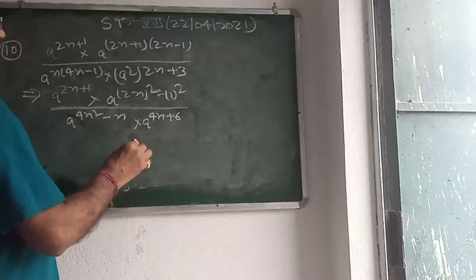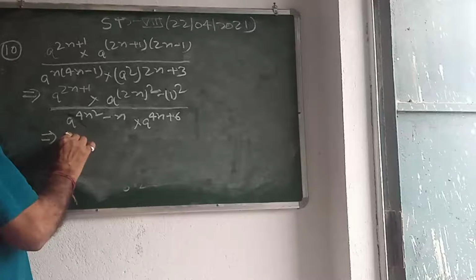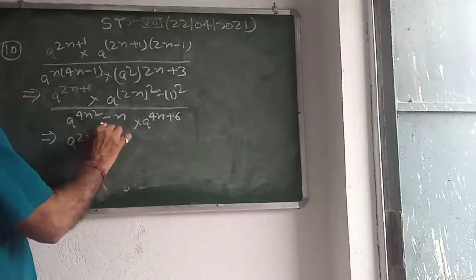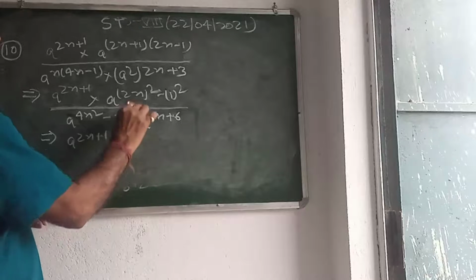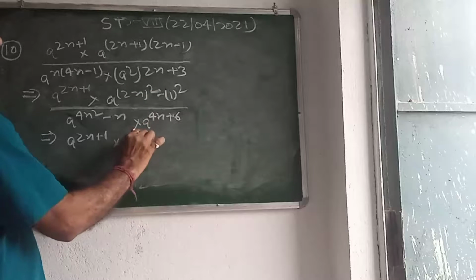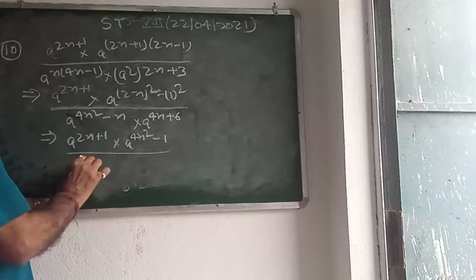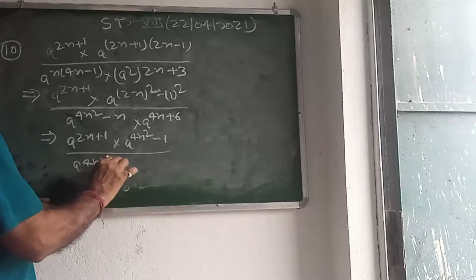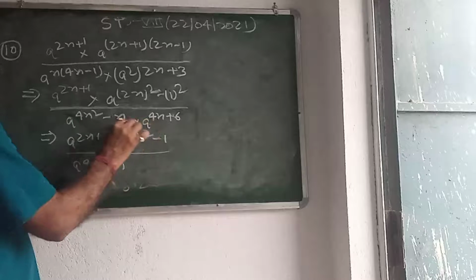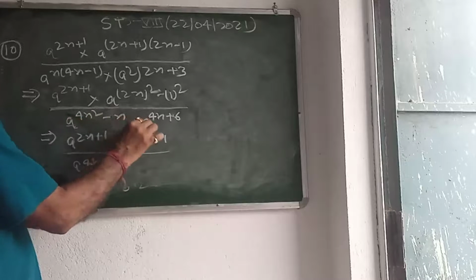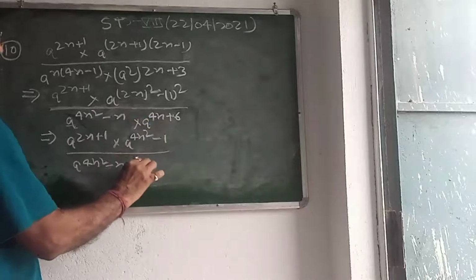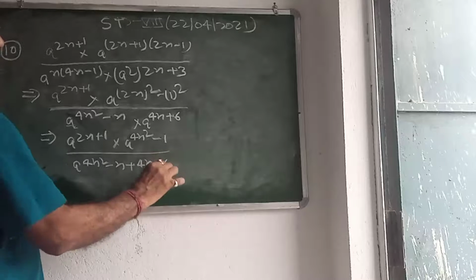Now here a to the power 2n plus 1 into a to the power 2n square minus 1 square means 4n square minus 1, divided by a to the power 4n square minus n. See, the multiplication sign is there, same base, so the power will be added, plus 4n plus 6.